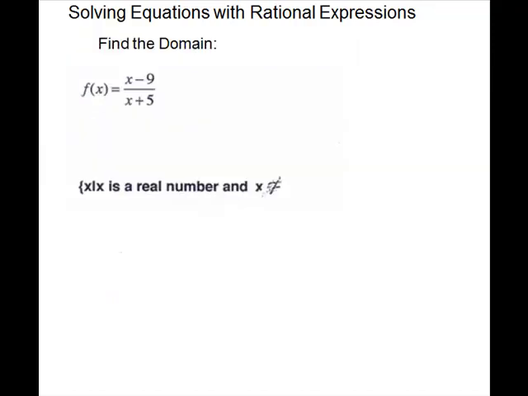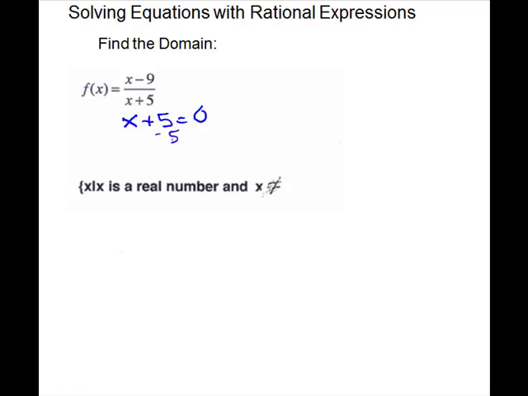First, we will practice finding the domain for some functions. So for this one, the only thing we're worried about is that denominator. That denominator cannot equal 0. You might be able to just look at it. Negative 5 is going to be your bad value. If you don't see it, set the denominator equal to 0 and solve.